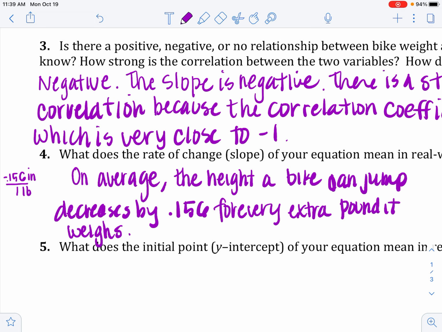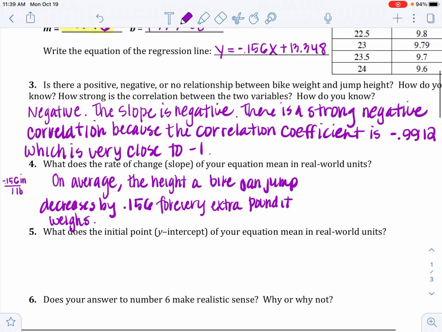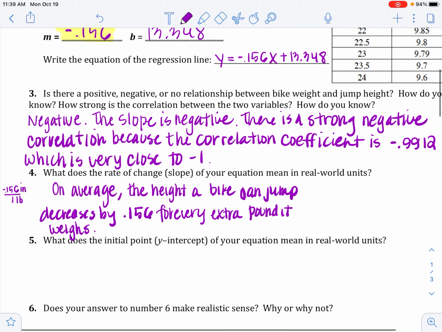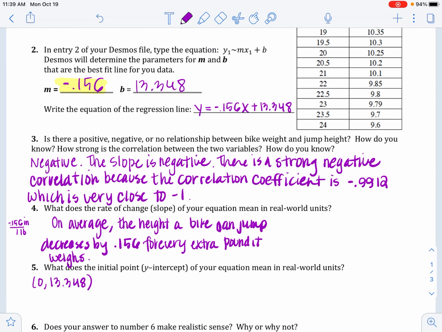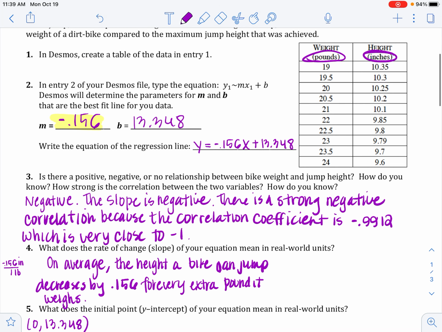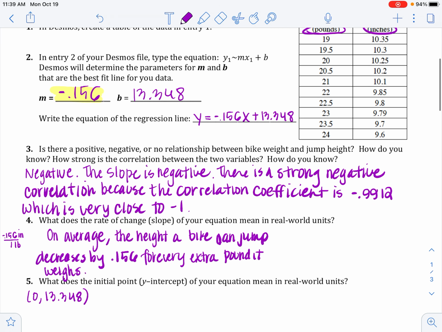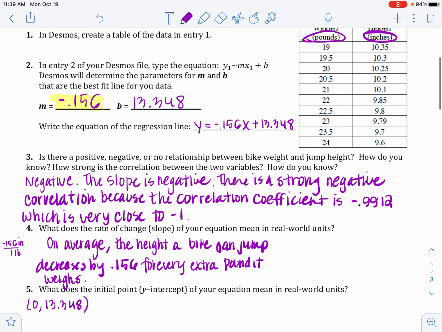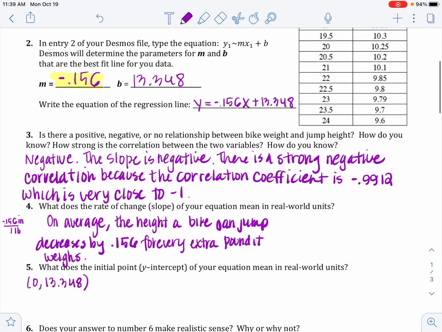Okay. All right, what does the initial point, the y-intercept of your equation, mean in real world units? So I'm going to write down what the initial value was. That's 0, 13.348. That's my y-intercept. What does the y-intercept of your equation mean? So that means 0, remember, is pounds. The x value is pounds, I meant. And the y value is the height in inches.